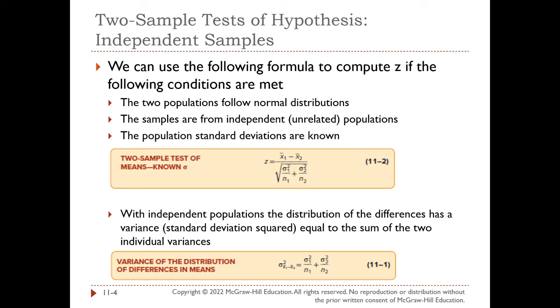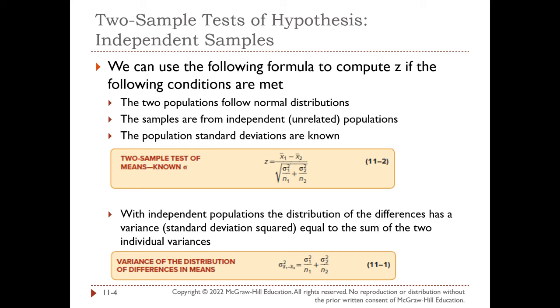Either way, n1, and then we do the same for the second population. We're going to add those two together, and square root them. Don't forget that square root. Lots of square roots.